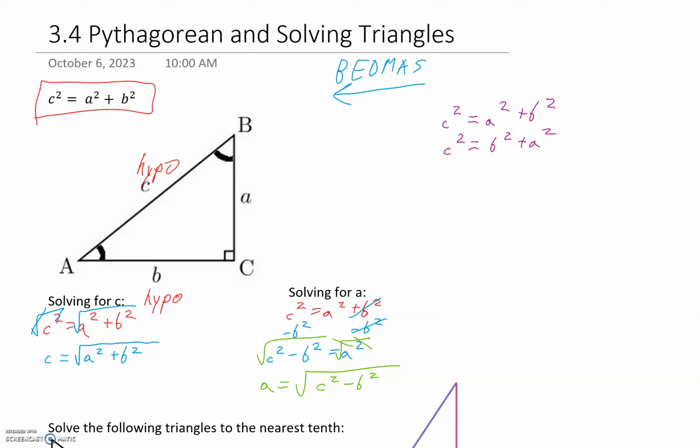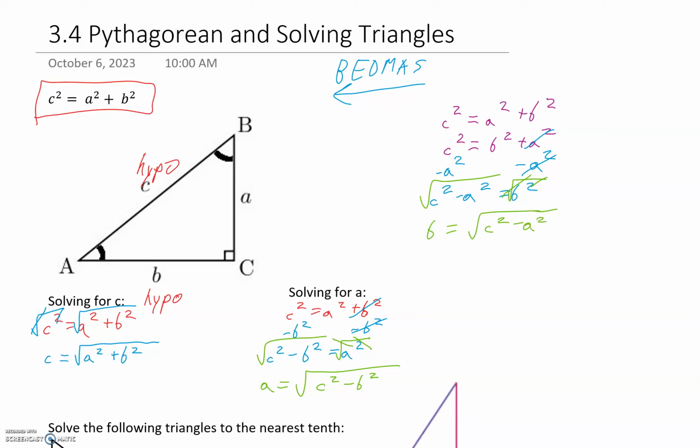From there, we take exactly identical steps to before, except we're doing it with B. We're trying to solve for B. So now we get c squared minus a squared equals b squared. Now we square root both sides. Those cancel, so we're left with b equals the square root of c squared minus a squared.